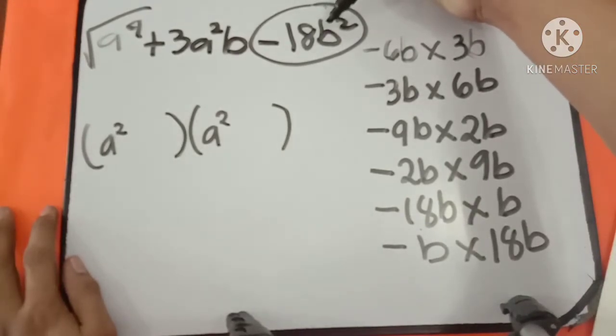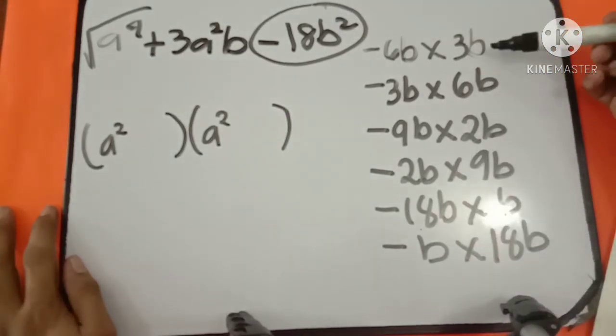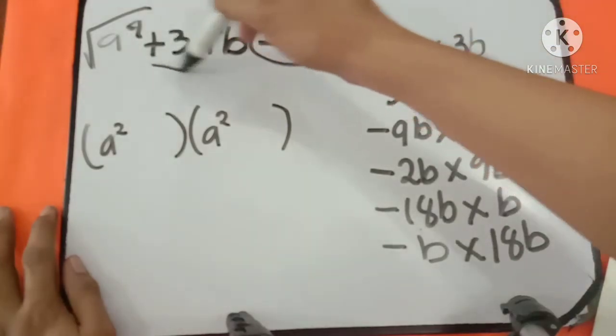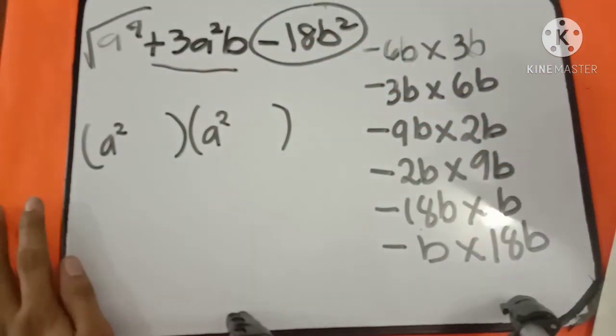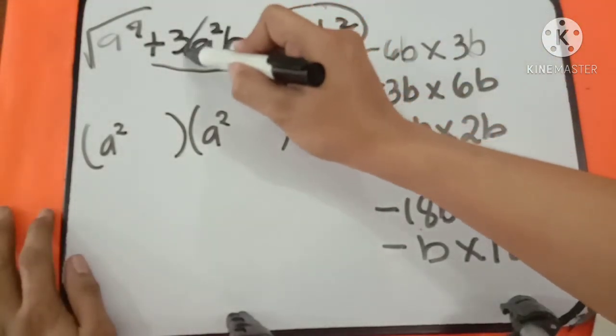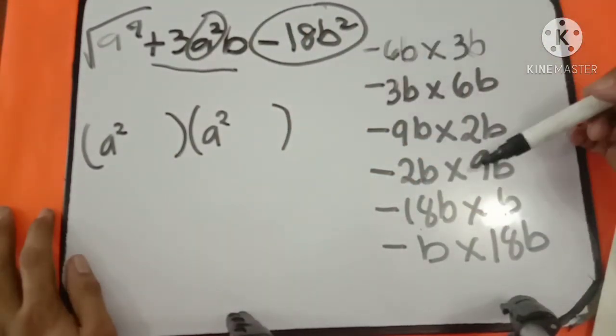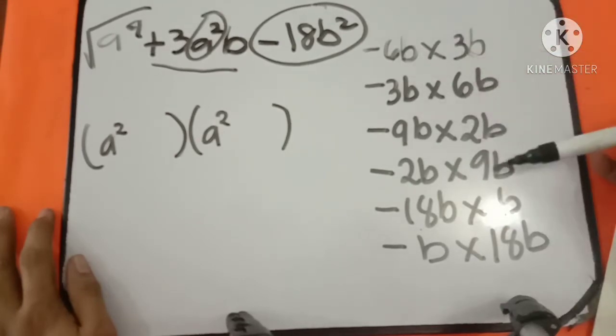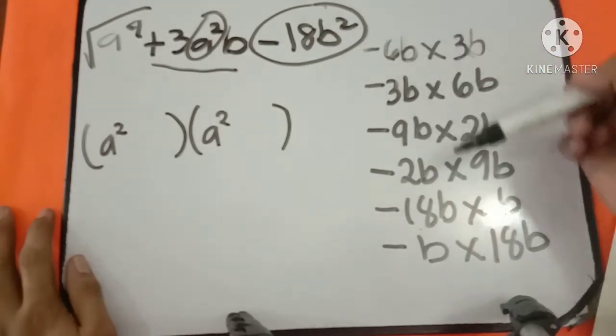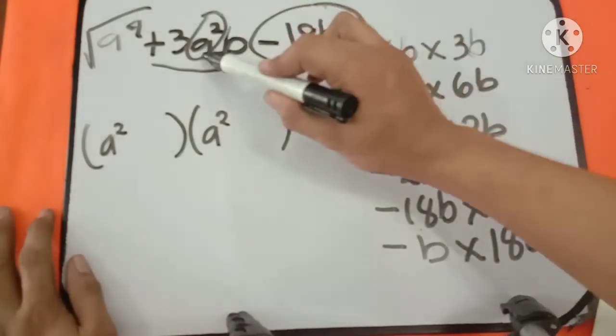So the last thing that we must do again is to find the sum of these factors which is equal to the given middle term. This time you have to ignore the a squared. It is because from the factors we don't have a variable a. We just use the variable b. So again, just ignore a squared.